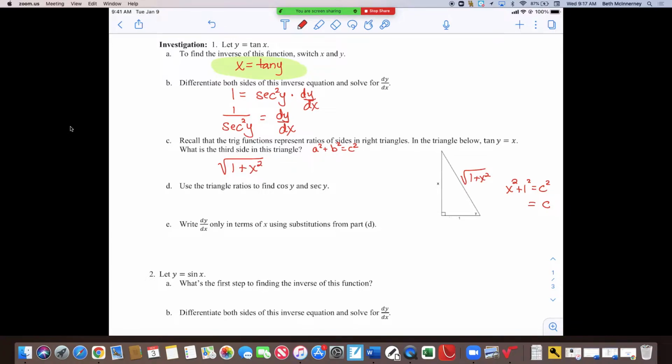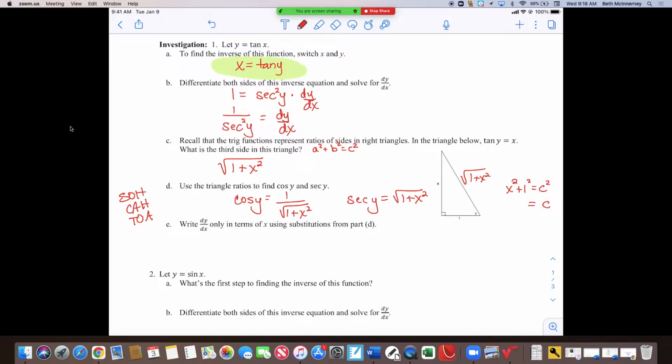Now, let's use SOHCAHTOA to find the cosine of y and the secant of y. Then this is all going to make sense in a moment, okay? So stay with me. So cosine of y would be 1 over the square root of 1 plus x squared. So then what does that make secant y? Square root of 1 plus x squared. Oh, so look at this.